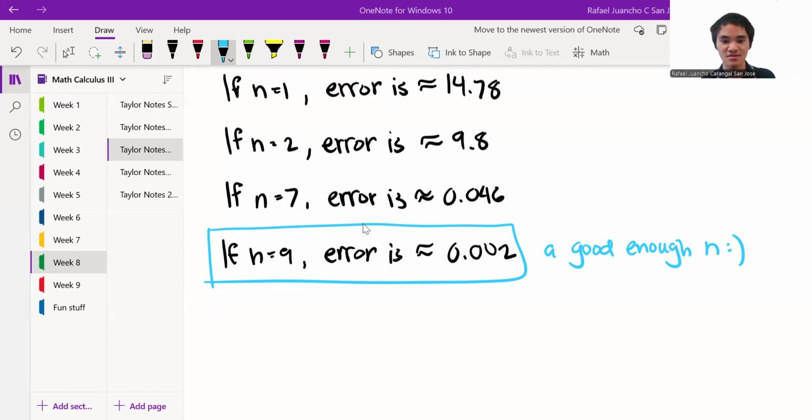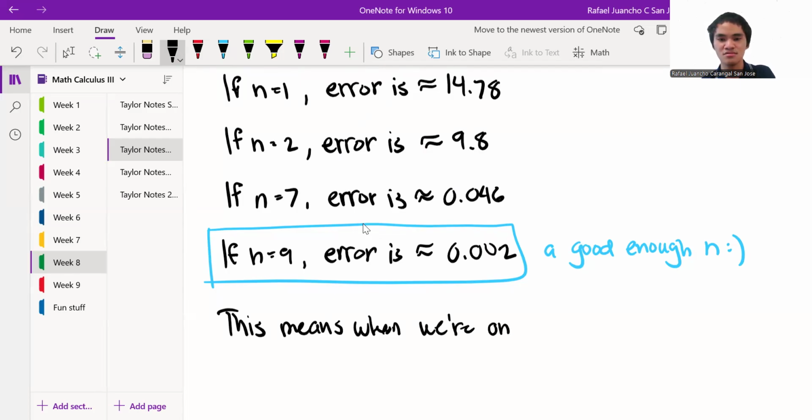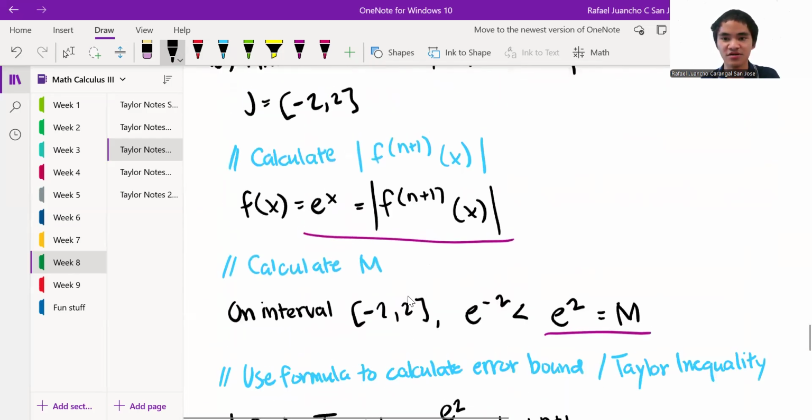It means that, so this actually means when we're on the interval that we're looking for.